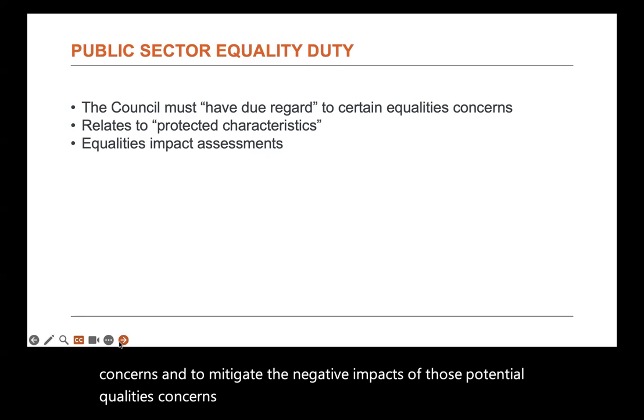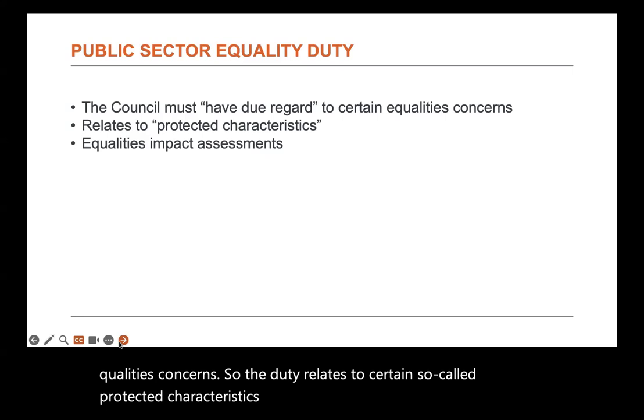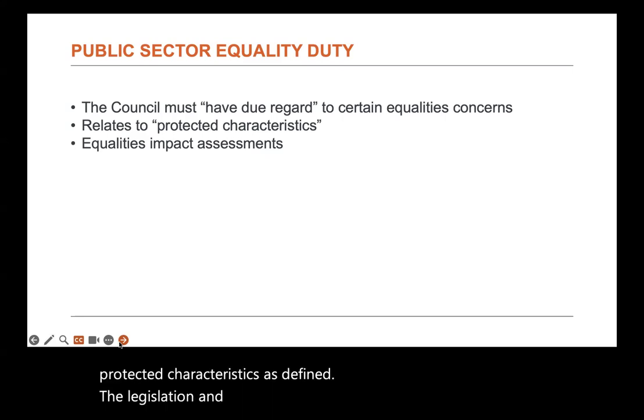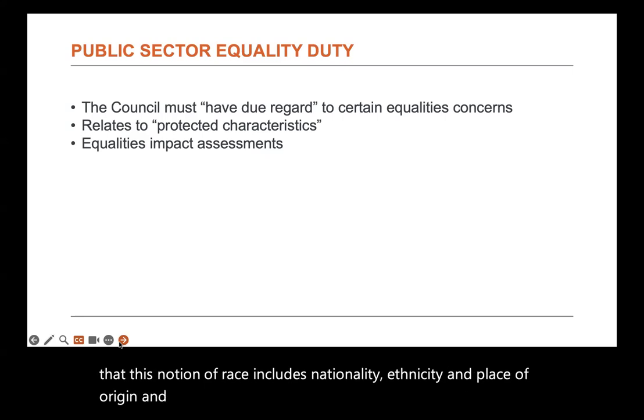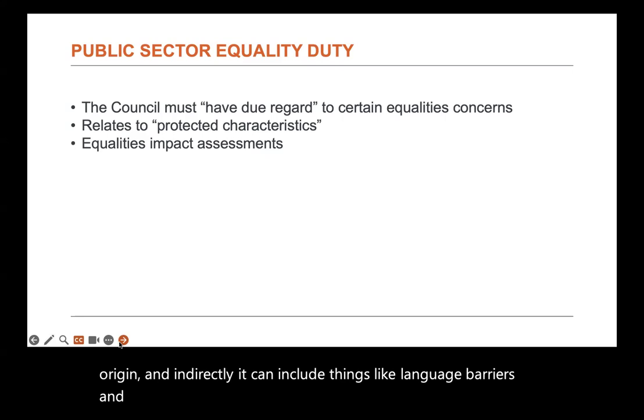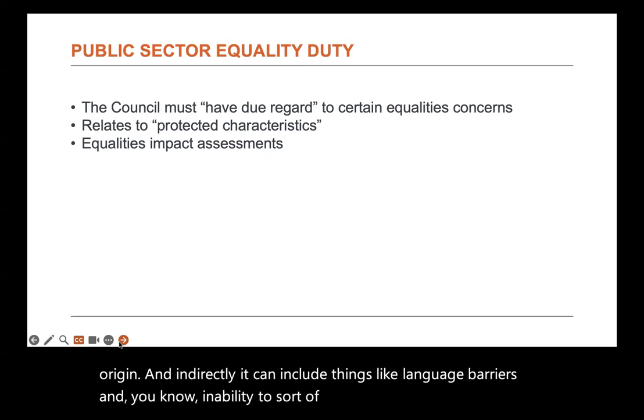The duty relates to certain so-called protected characteristics as defined in the legislation, and that includes race. The guidance suggests that this notion of race includes nationality, ethnicity, and place of origin. Indirectly, it can include things like language barriers and inability to access certain information.